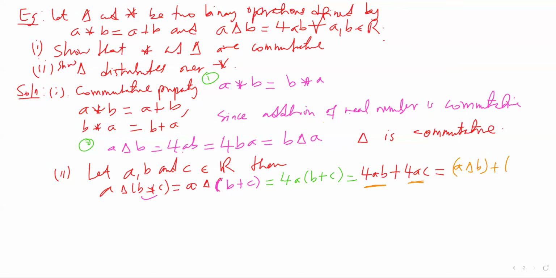Then 4AC will be A delta C. But we know that A plus B is the same as A star B. So here we have A delta B star A delta C. So we are just using the definitions that we have already stated. But this is not enough because this is the first part.